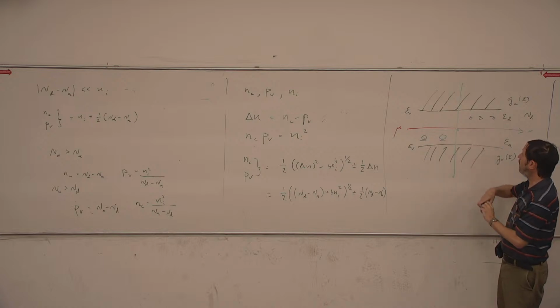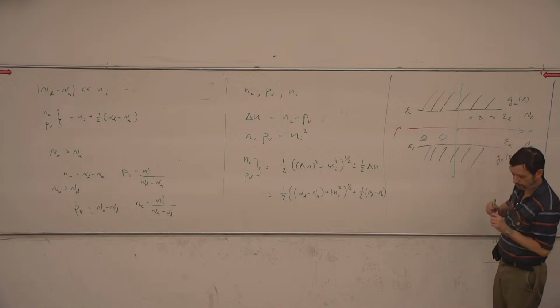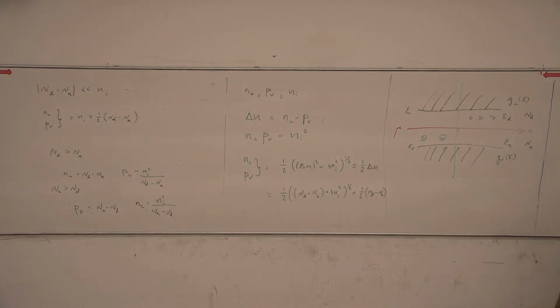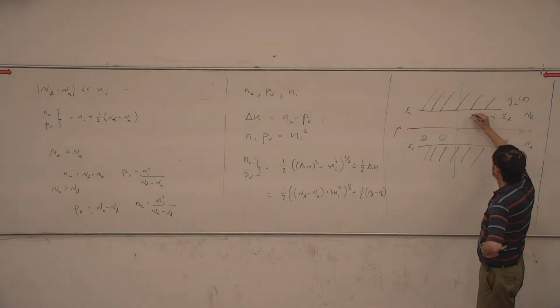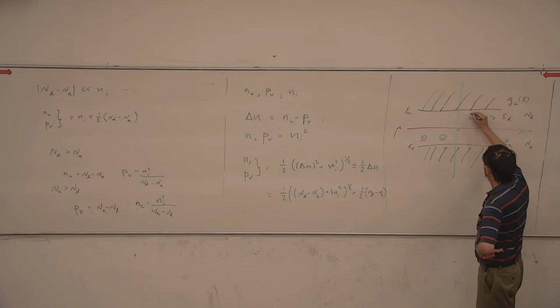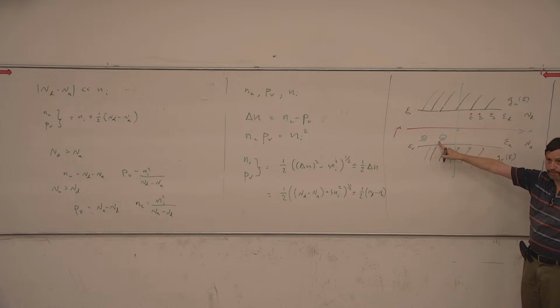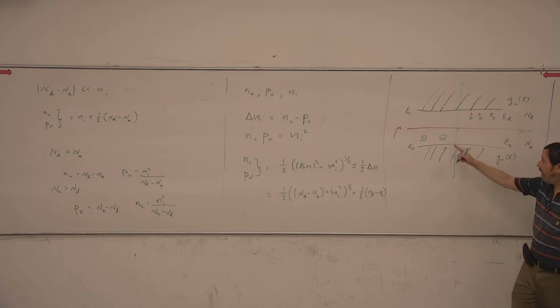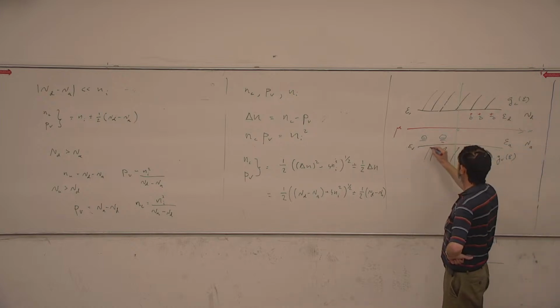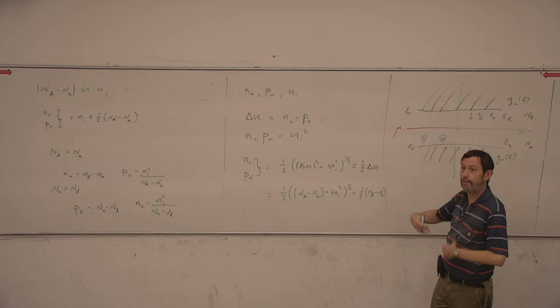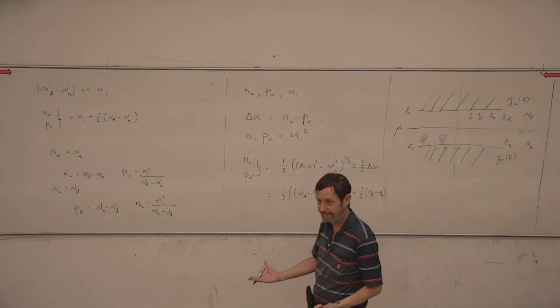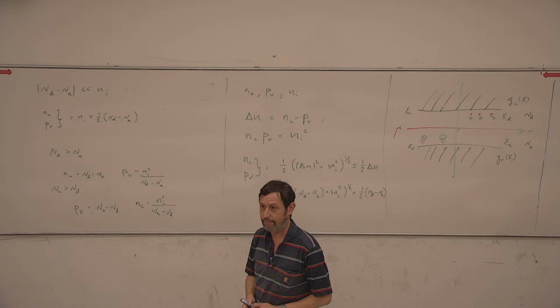So actually I end up with this region being positively charged. Why are they positively charged? Because these negative guys left to here. And this region is negatively charged because these ions have an additional electron.